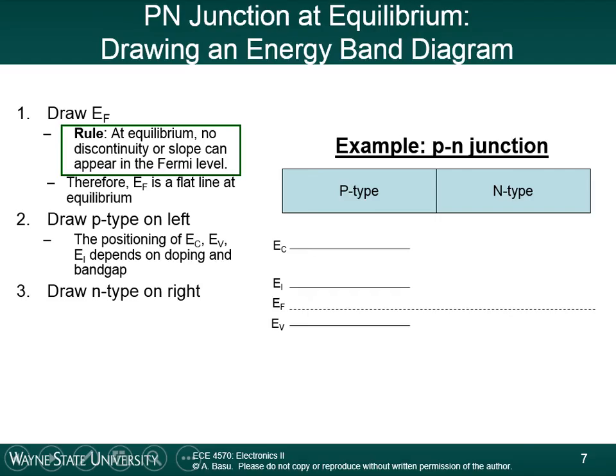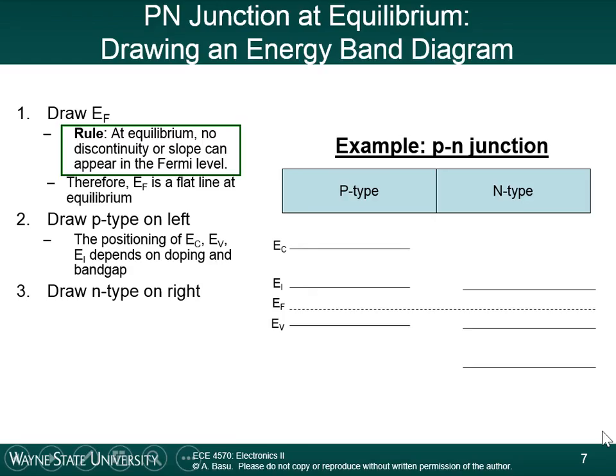All you're doing here is adding the EC, EV, and EI here based on the location of this Fermi level. So you already know how to calculate the distance between EF and EI based on the doping on the N side. And that's how you'd be drawing the location of the three bands here.